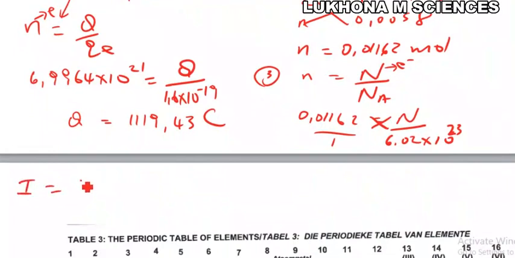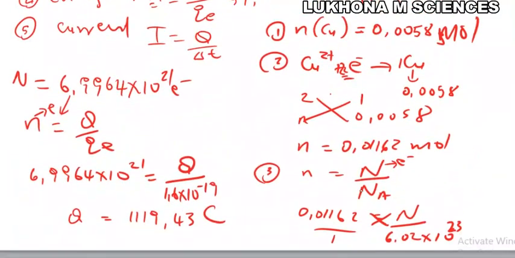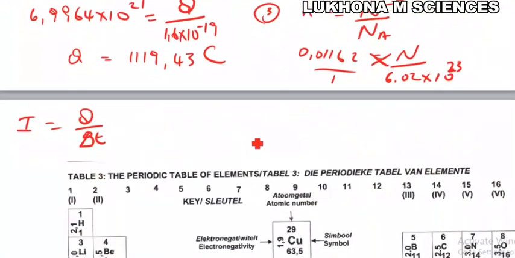Okay, then we go to the formula. I is equal to Q over delta T. So remember that we said this one is step number 4 to calculate the charge. Then we go to step number 5 to calculate the current. So let's substitute.